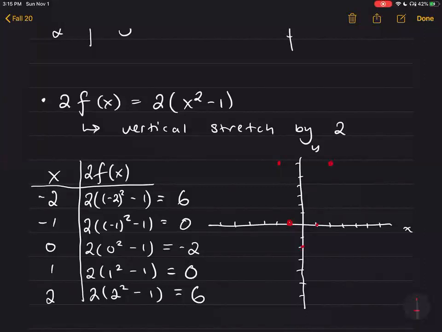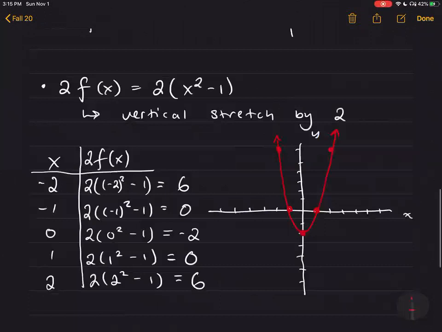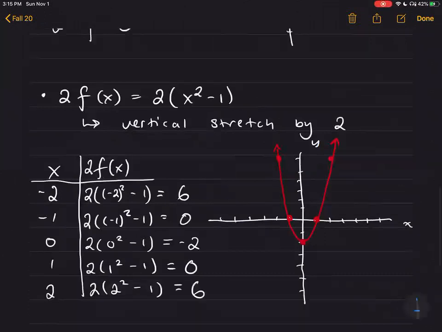And so now if we connect these dots like this, we see that it does look stretched. So if I overlay our original parabola over this, our original parabola looks something kind of like this.